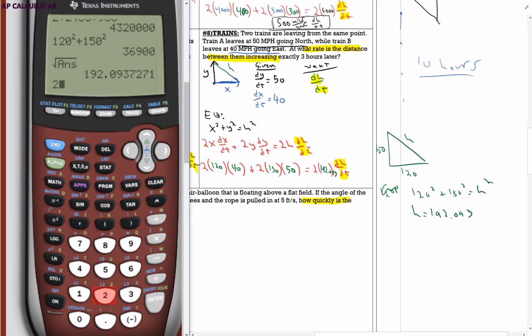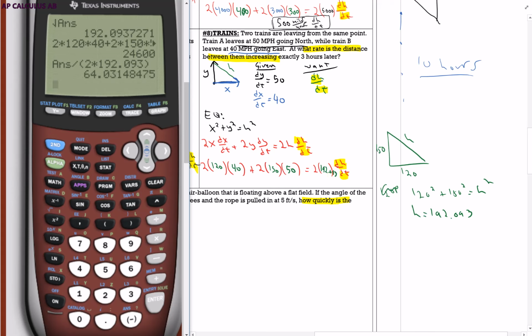On a calculator or however you want to do it, 2 times 120 times 40 plus 2 times 150 times 50 is going to give us 24,600. And we divide that by the right hand side, which is 2 times 192.093.